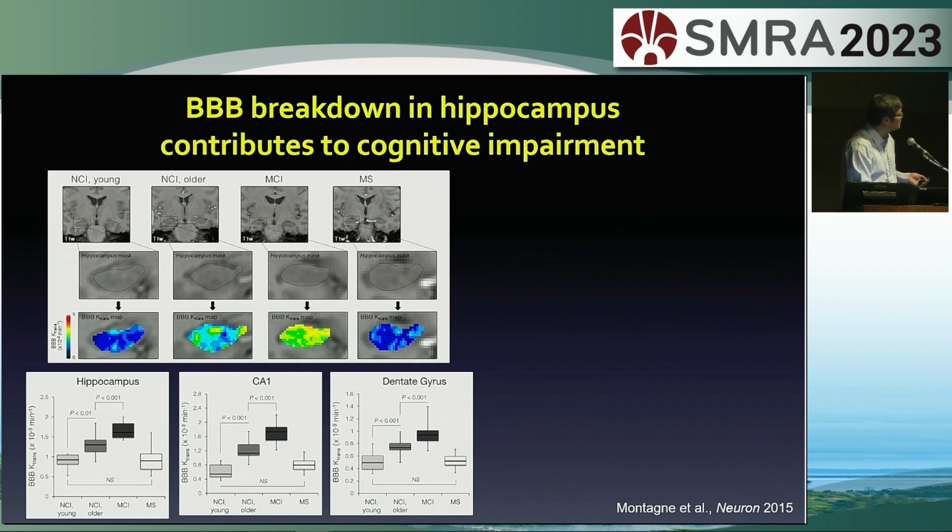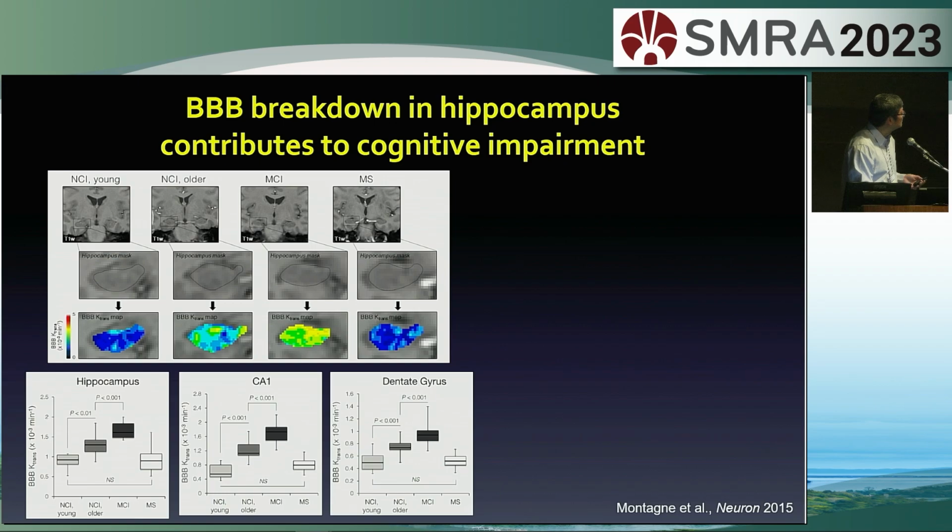This is work published by Professor Berislav Zlokovic's group at USC, detecting hippocampal K-trans increase with aging and mild cognitive impairment.